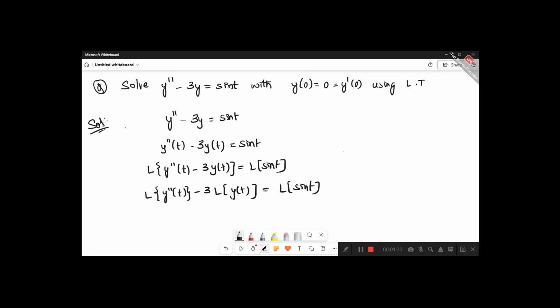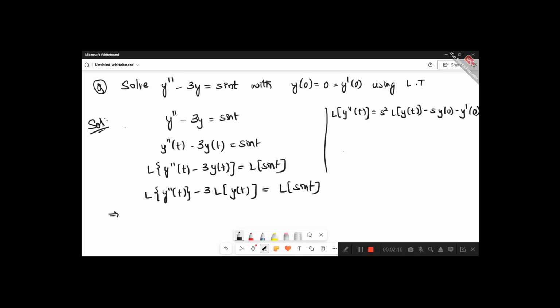We should know some formulas, some basic ideas, where we can substitute for Laplace of y double dash of t. Laplace of y double dash of t can be written as s square Laplace of y of t minus s into y of 0 minus y dash of 0. The entire equation I will be substituting here.